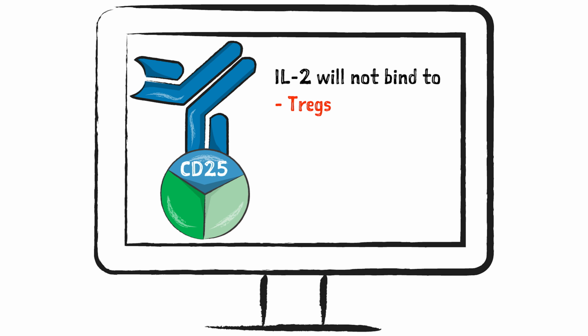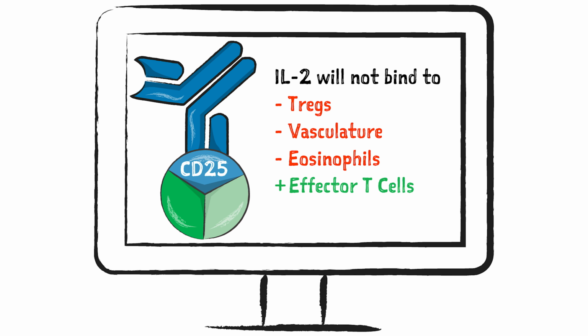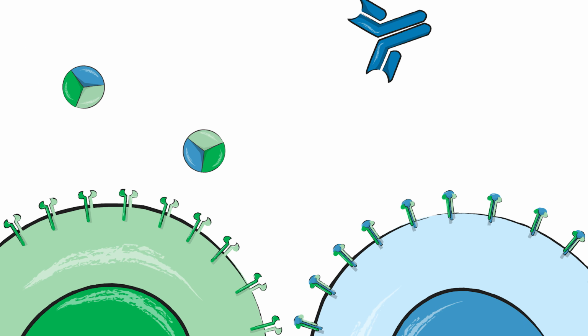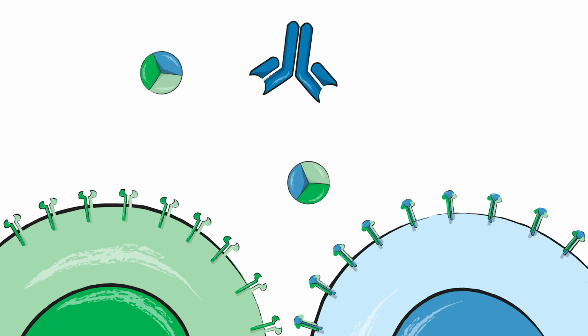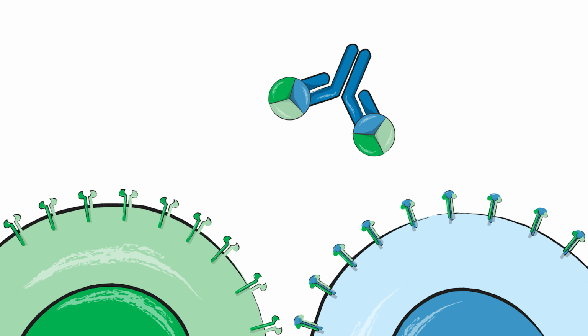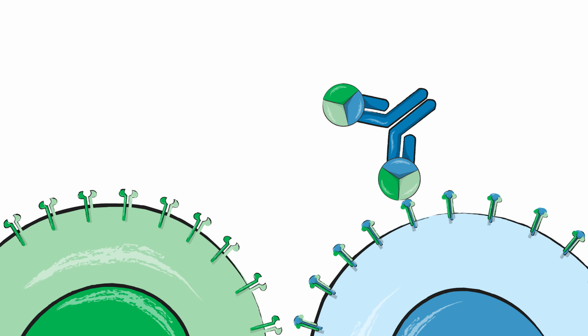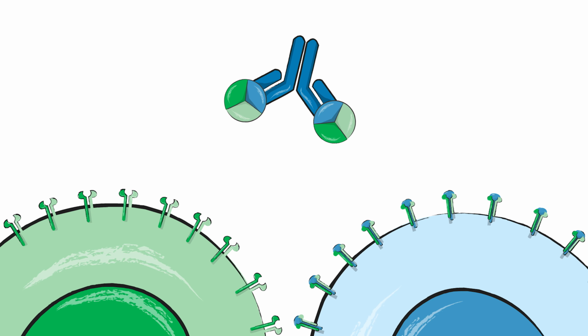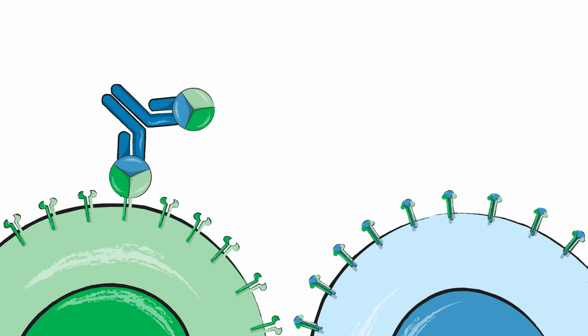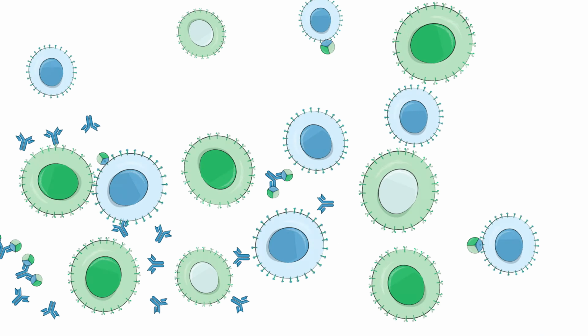This prevents IL-2 from binding to Tregs, vasculature, and eosinophils, while still allowing IL-2 to bind to effector T cells and NK cells.